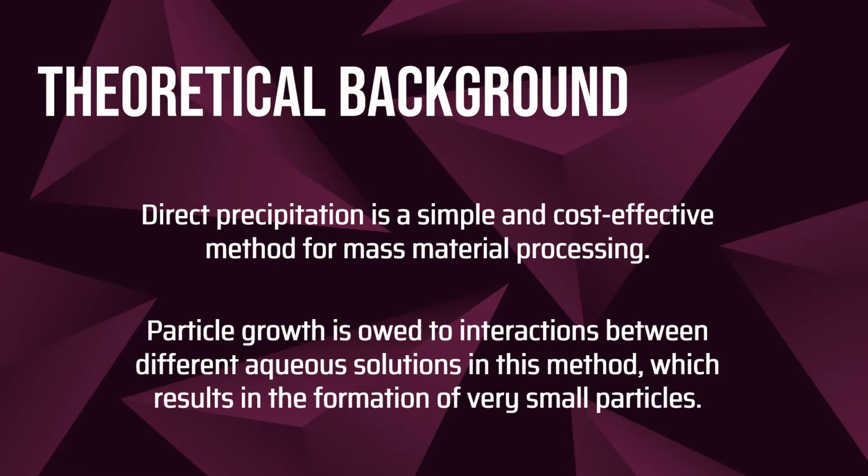Particle growth is owed to interaction between different aqueous solutions in this method, which results in the formation of very small particles. Since small particles with low solubility dissolve and reprecipitate on the surface of a larger particle in solution, agglomeration occurs in the solution as the particles clump together to reduce surface energy.